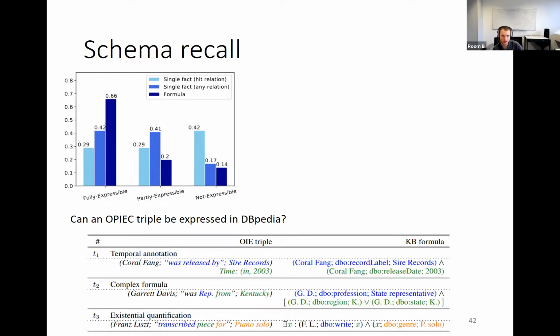Garrett Davis was a representative from Kentucky actually requires a disjunction because there are two possible ways this could be modeled in the knowledge base, or we can even require existential quantification. The message being here, about 30% of the information from text could be straightforwardly captured. The rest was more complicated. That's about the schema recall.